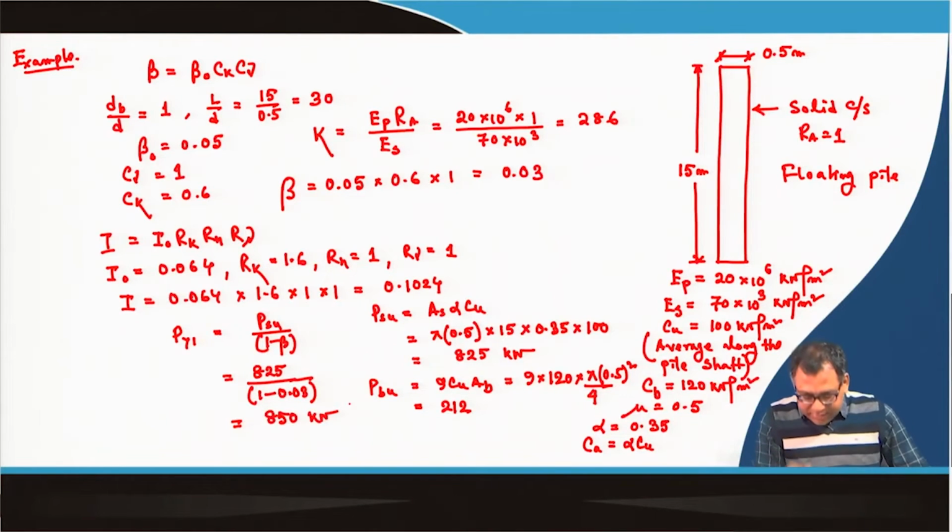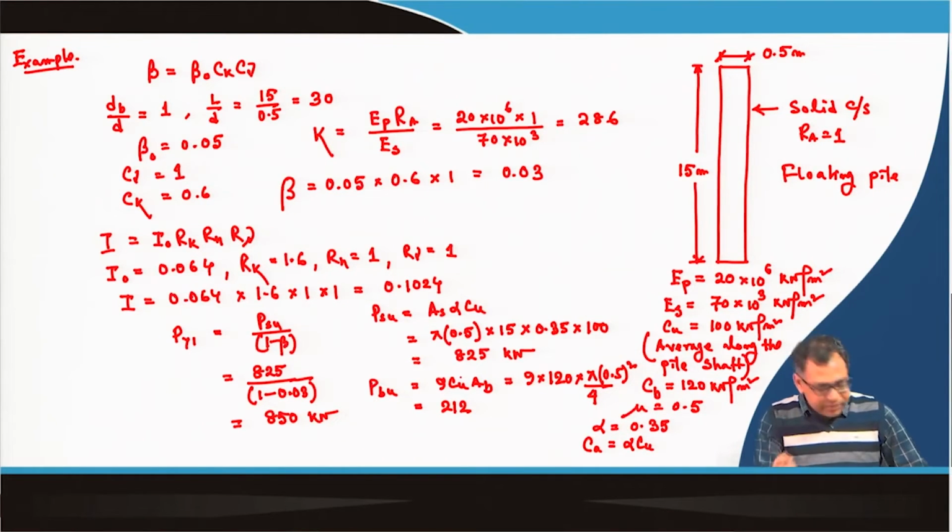What does it mean? When the friction resistance is fully mobilized, that means 825 kilonewton, at that time the tip resistance contribution will be 850 minus 825, 25 kilonewton.